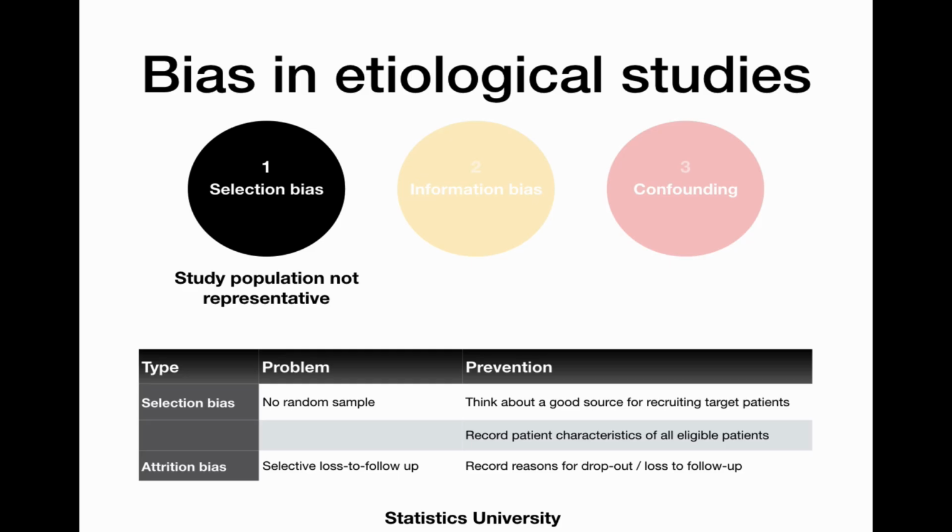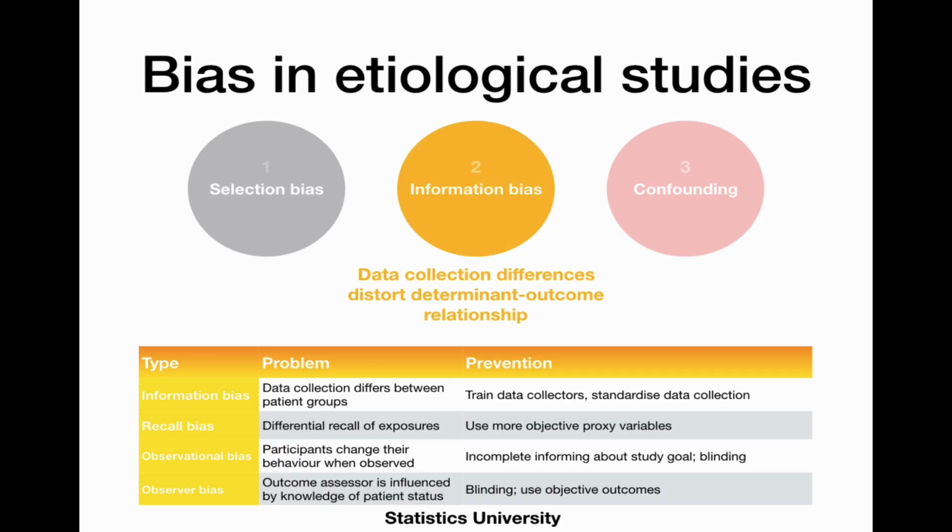Attrition bias may occur if there is selective loss to follow-up. So the thing that we at least need to do is record the reasons for dropout or loss to follow-up as far as possible.